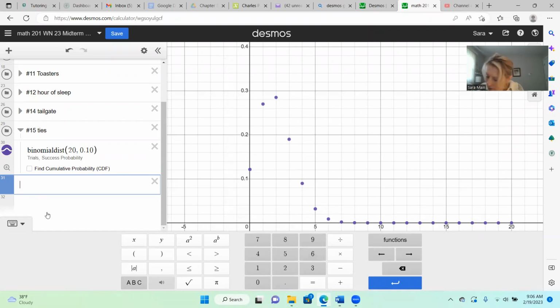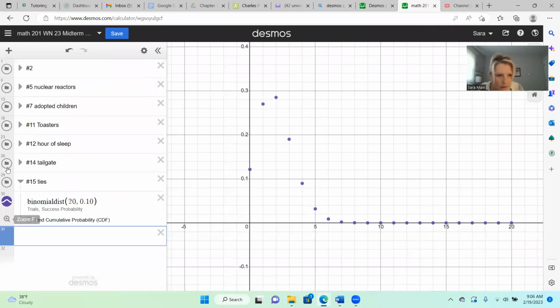So here we have the distribution. I'm going to just scale it. So we want exactly 3. So when it's exactly, you don't need the cumulative. So I'm going to click on, there's the 2, there's the 3. So the 3, so letter C, probably exactly equal to 3, is 0.1901.